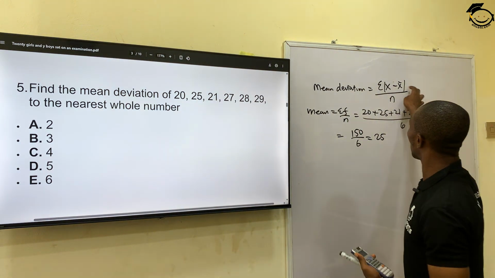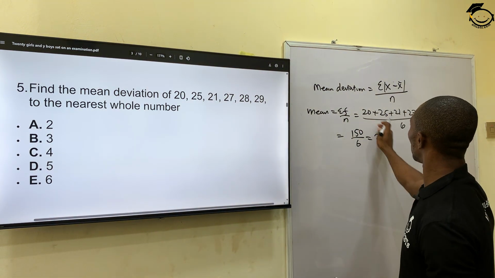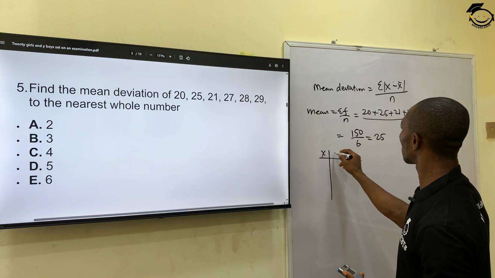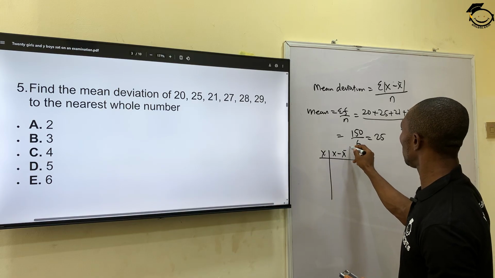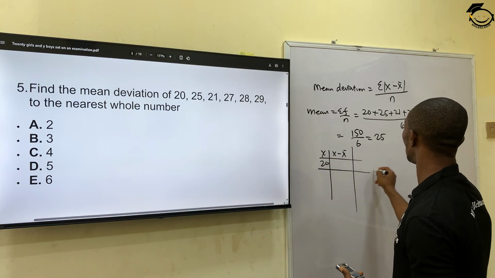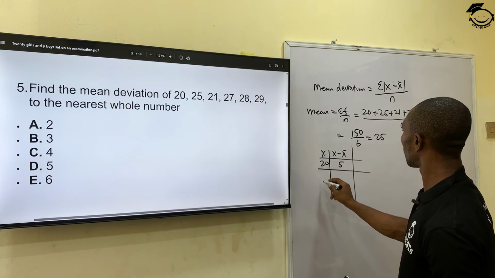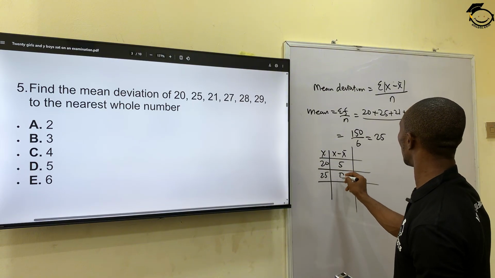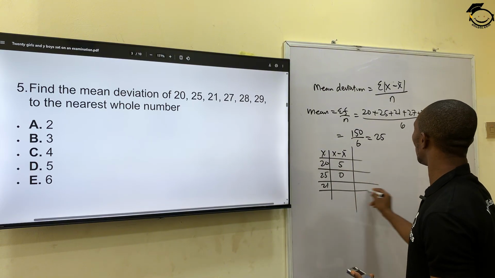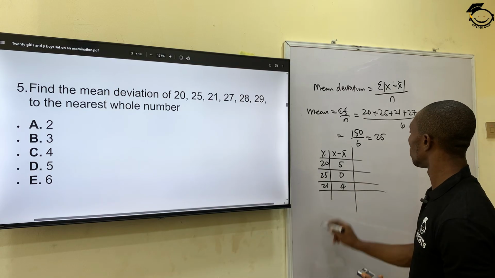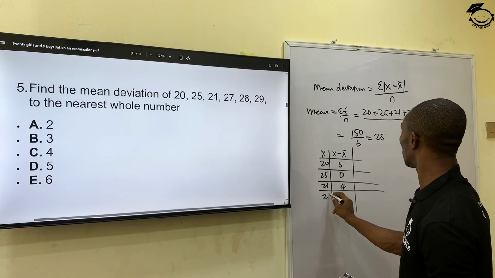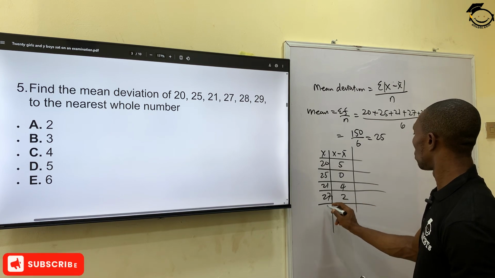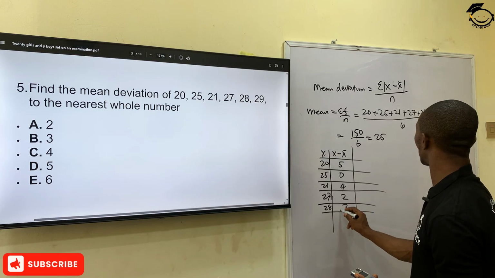So to find x minus the mean, first one will be 20 minus 25, which will give us 5. 25 minus 25 will give us 0. 21 minus 25 will give us 4. 27 minus 25 will give us 2. 28 minus 25 will give us 3.